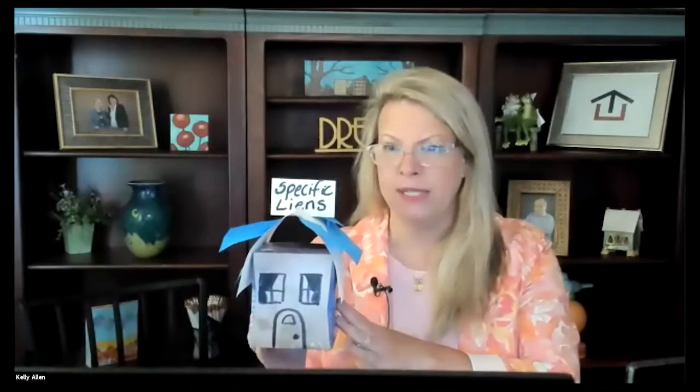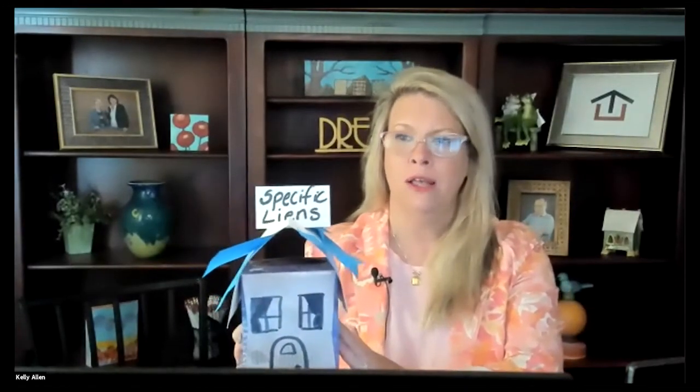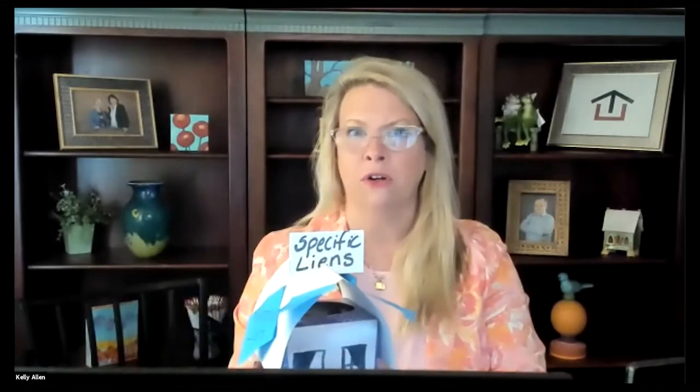All right, so what do we know? Specific liens stick to the property, not the person. That means that if I want to go ahead someday and transfer this property to another individual, they don't want my property with all this clutter and such, all this debt attached to it. They're going to expect that I, the homeowner, clear these debts from this property prior to the transfer.